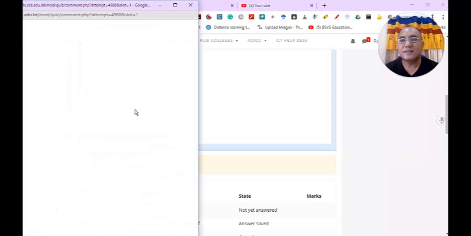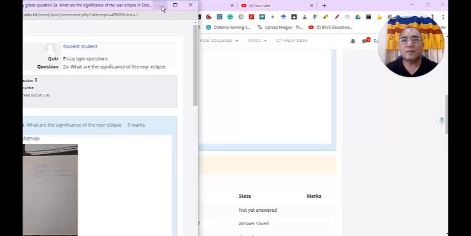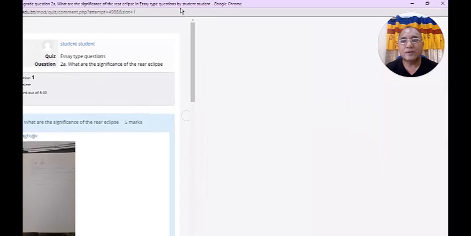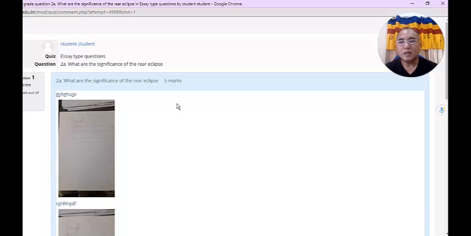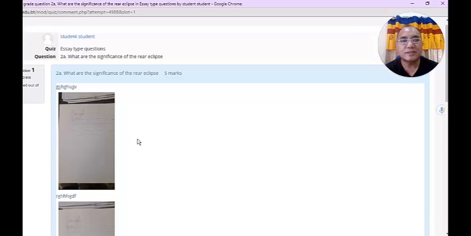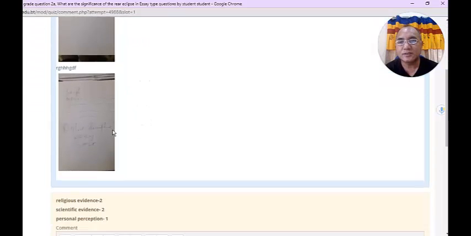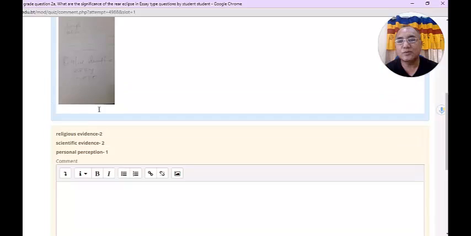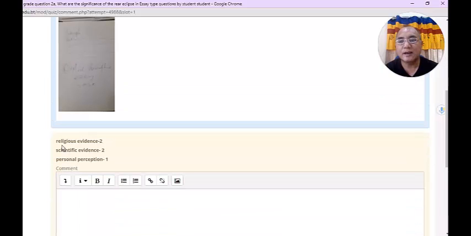If you click at this, it will take you to a pop-up menu where you are going to see these are the students' answers. As I said earlier, these are the students' answers, and teachers have to upload their model answer. So this is the model answer, or the criteria, or some of the clues that help the teachers to evaluate.